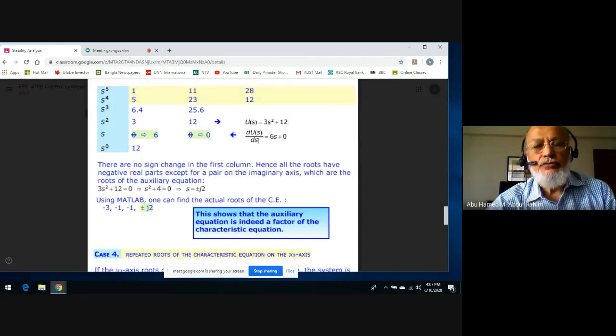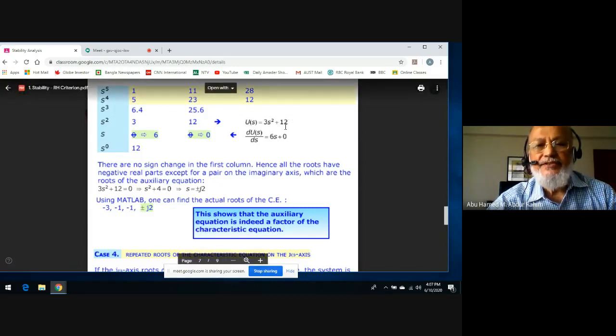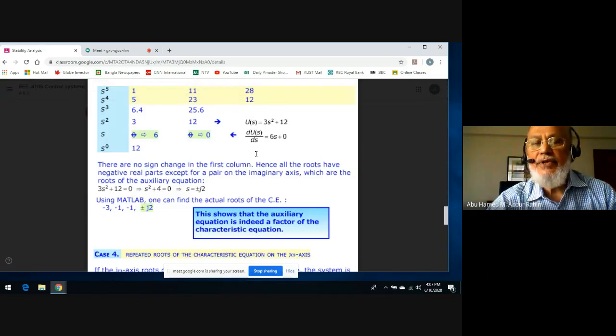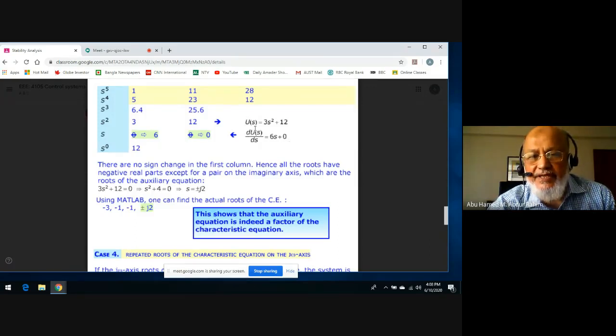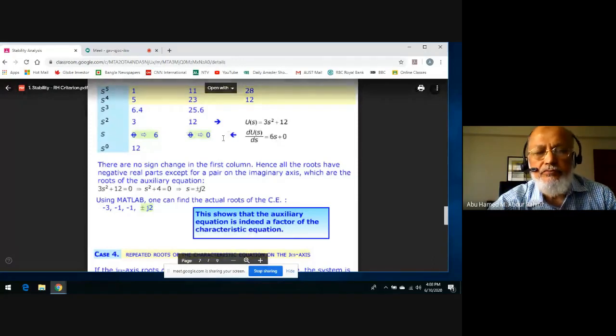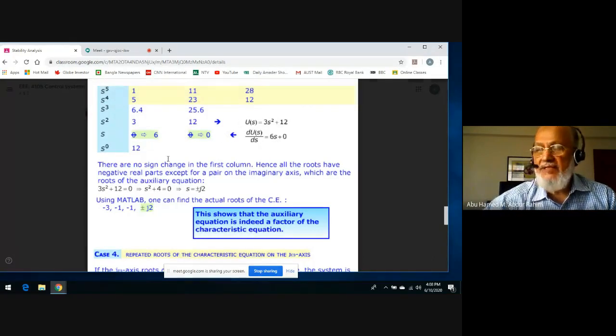Then what do we do? Take U of s, differentiate this with respect to s. dU/ds, what do you get? 3 times 2, 6, 6s plus 0. So this equation, the derivative of the auxiliary equation, gives you the coefficients of the next row. This is the procedure, okay? There is nothing to understand about it.